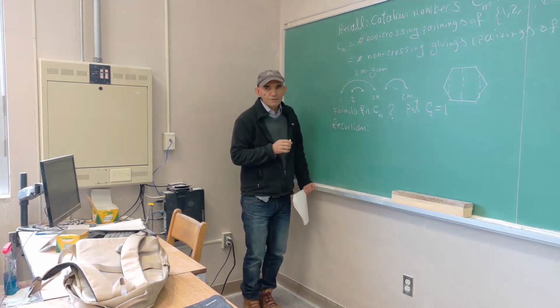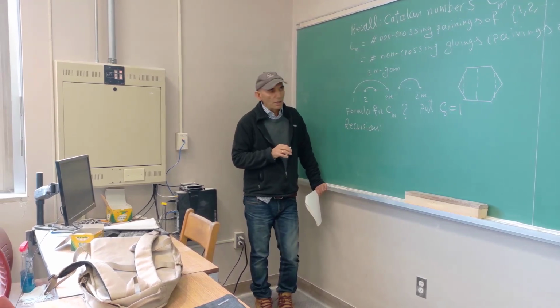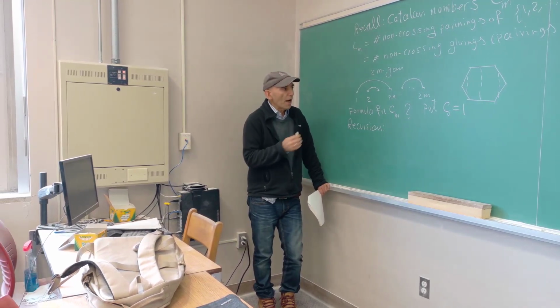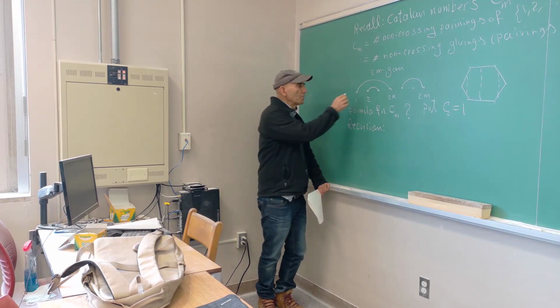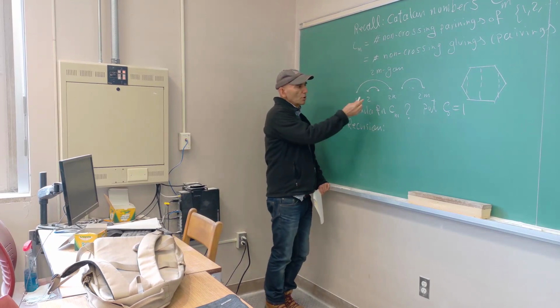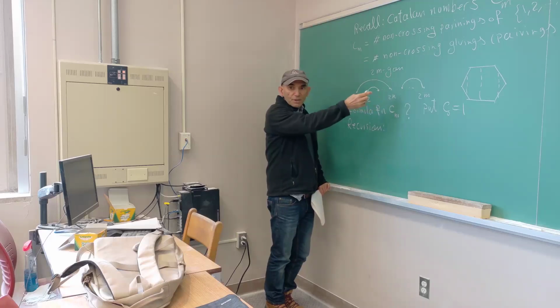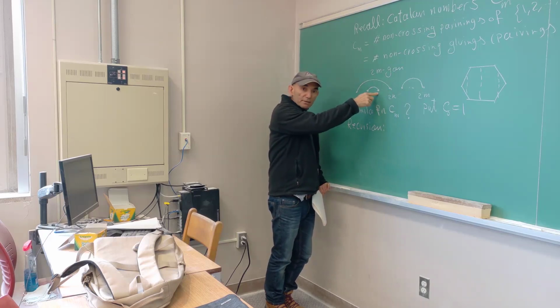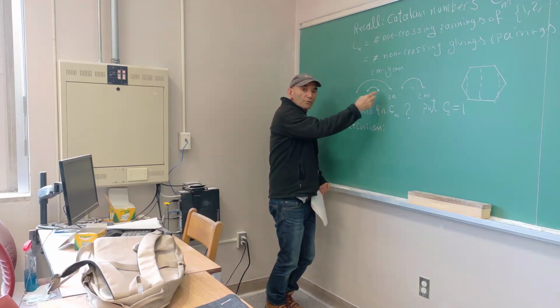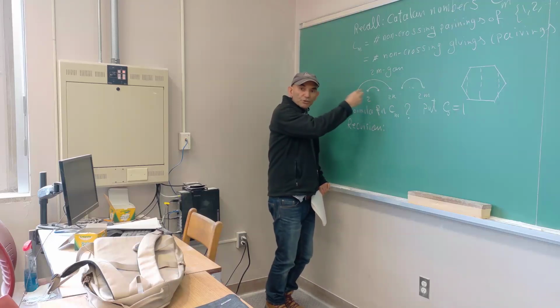So the recursion starts with the following observation: if you have a non-crossing pairing, see what happens. This one could go anywhere, it seems, but it can only go to a point with even index. Because if you land at a point with odd index, then there is no way you can do the connections internally inside that one.